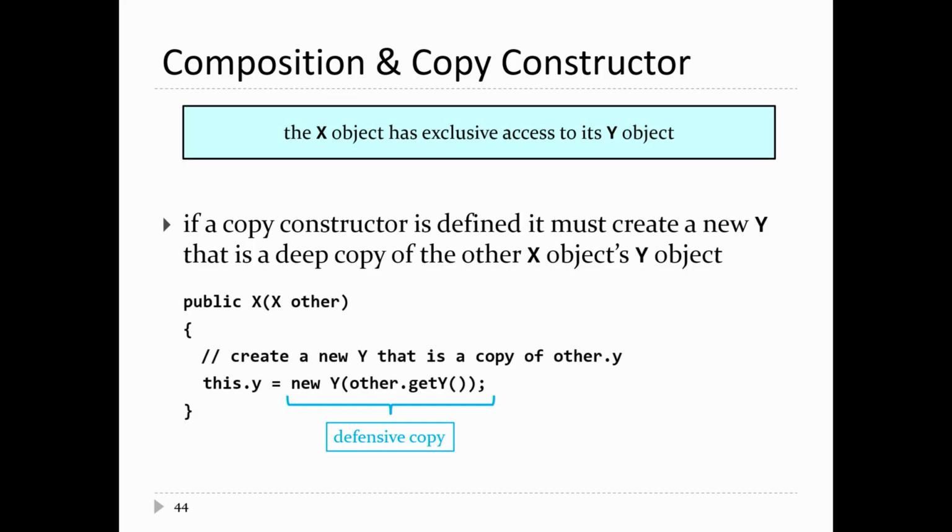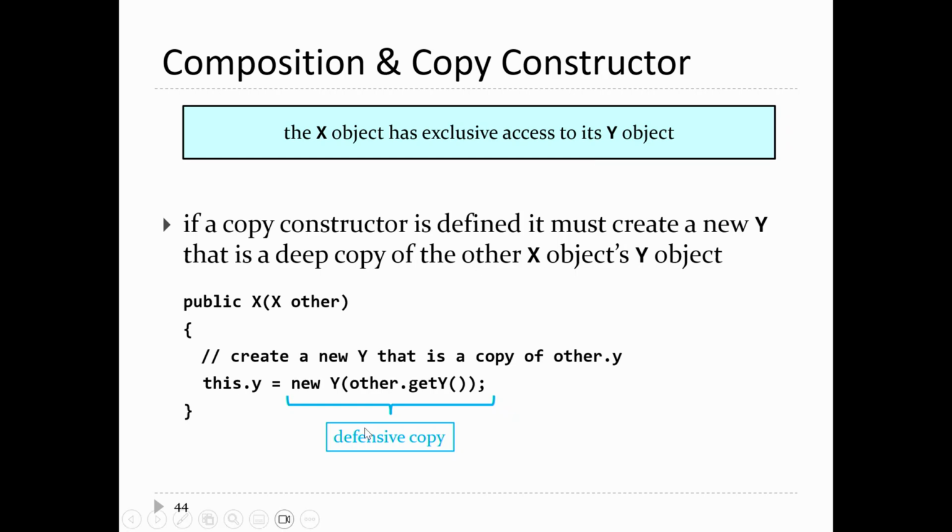Okay, if you have a copy constructor in your class, in other words, if you can make a copy of another x object, guess what you have to do in the copy constructor? You have to copy the other x object's y object. Remember, in composition, every x object has exclusive access to its own y object.